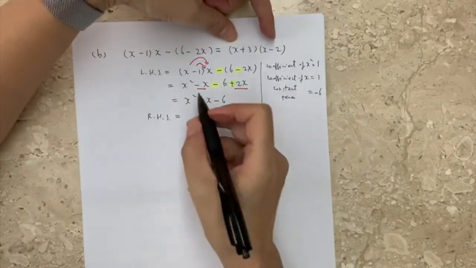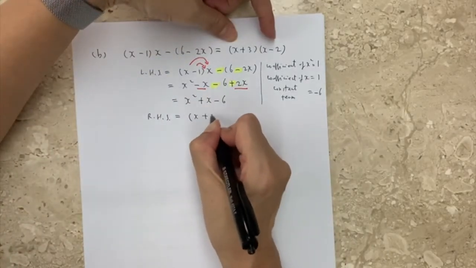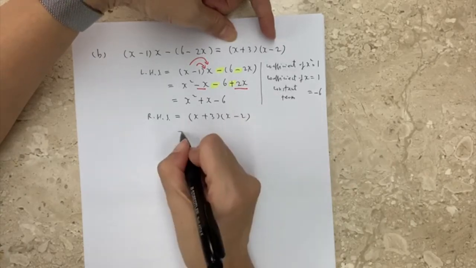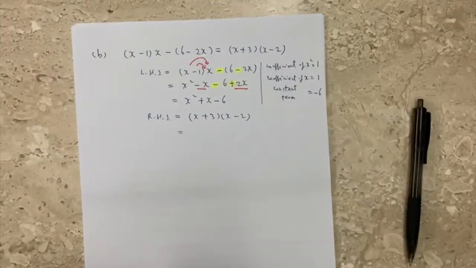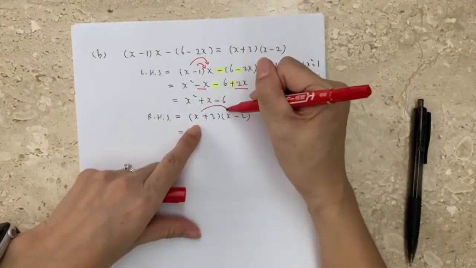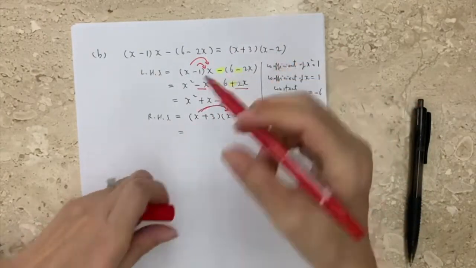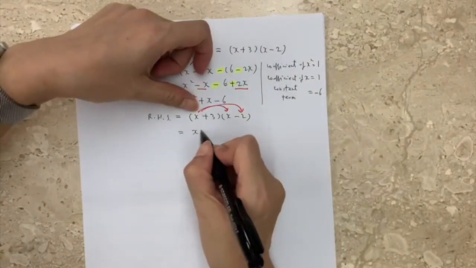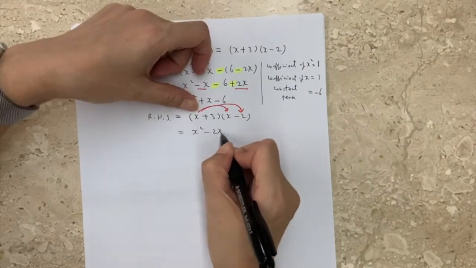So we copy that: x plus 3 times x minus 2. This is about multiplication of polynomials. So x times x and then x times this, right? So we have x times x, x squared, minus 2x.